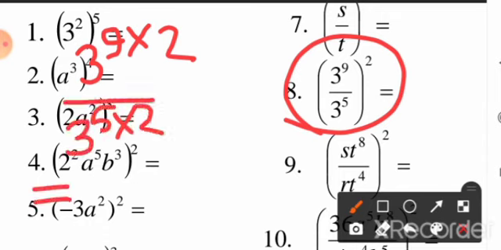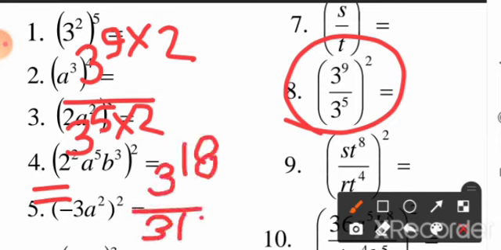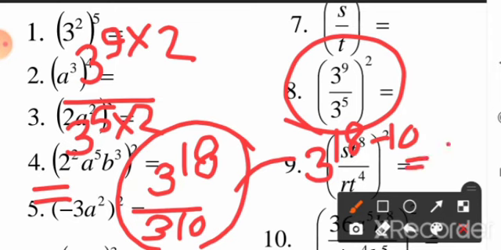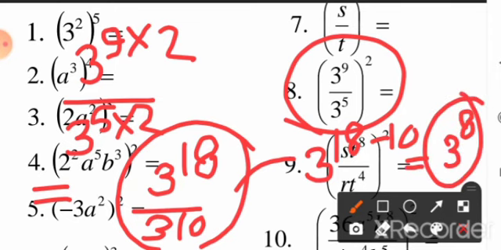So the answer is equal to 3 power 18 upon 3 power 10. Again simplify: 3 power 18 minus 10. So right now, 3 power 8. It's the solution of question number 8.